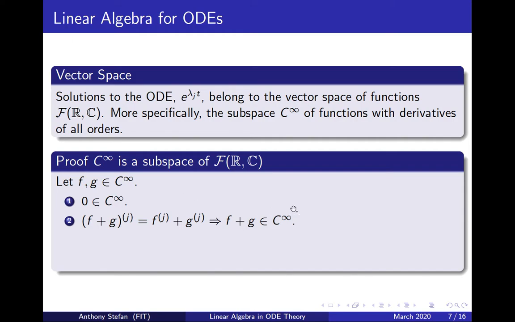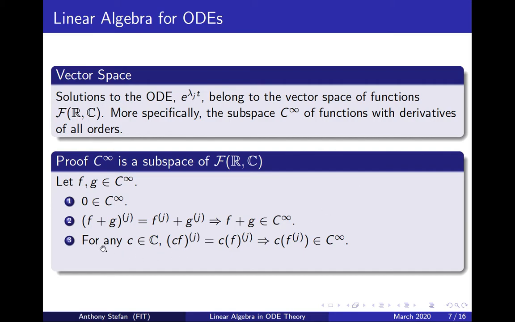Next, we will look at closure of addition. f plus g, the jth derivative there. We know that the derivative can distribute into f plus g. This implies that f plus g is indeed in C infinity, so it is closed under addition.